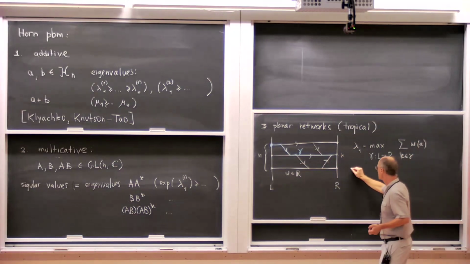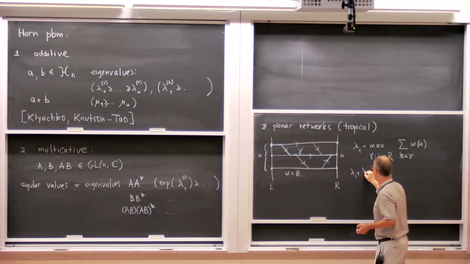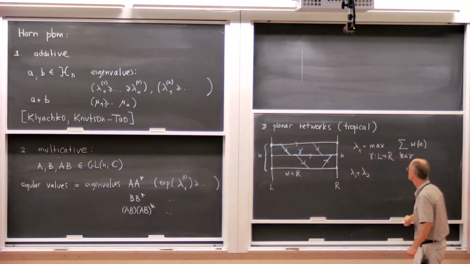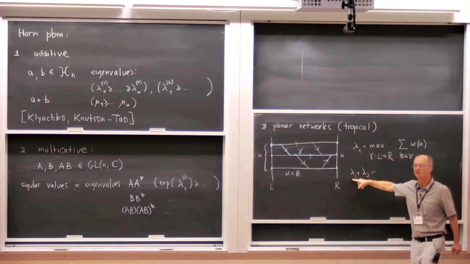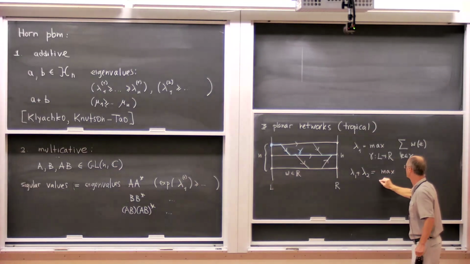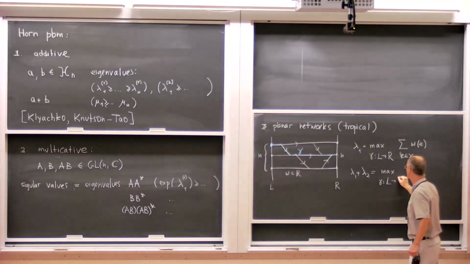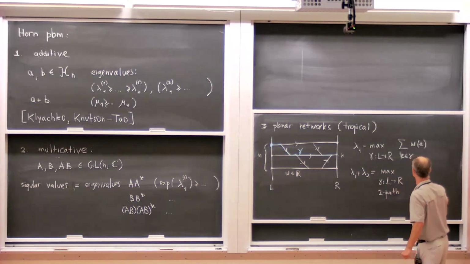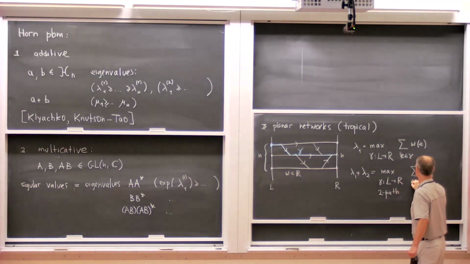Now it gets slightly more involved for other eigenvalues. So let me give you a formula for lambda 1 plus lambda 2. And this is a max over gamma going from L to R, which is a so-called two-path. And here the formula is the same. So the sum of weights.